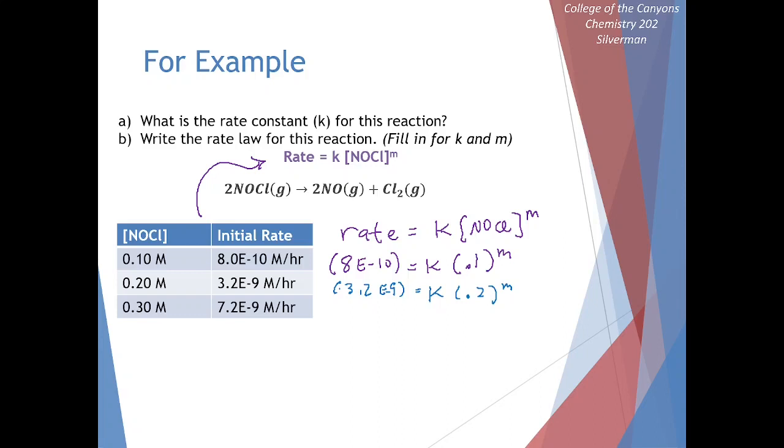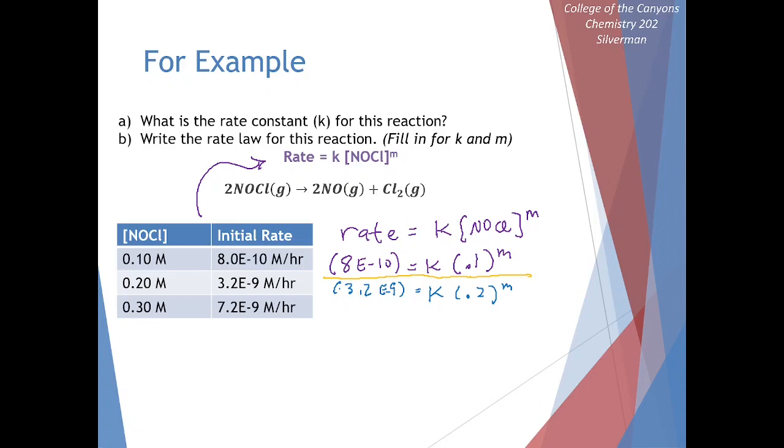Now we have 2 equations, and in these 2 equations, we have 2 unknowns. This is a set of equations that can be solved. We're trying to solve for k, and we're trying to solve for m. Well, if we have 2 equations, we can divide them by each other and have also a true statement. So let's divide this first rate law expression by that second rate law expression.